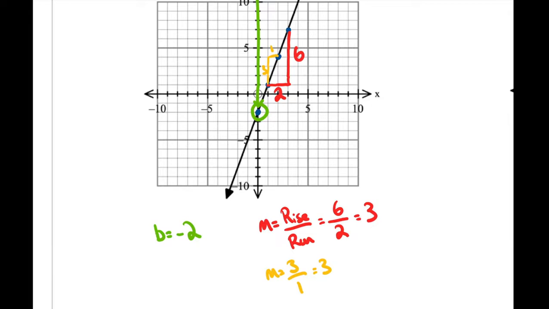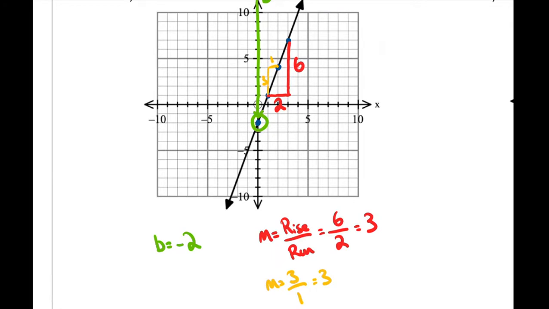You might also say, well, why did you go from the left to the right? Could you have gone the other way? And I could have. If I went the other way, starting at the top and working down, I would go down 1, 2, 3, 4, 5, 6. So I would go down 6, and I would go to the left 1, 2, or negative 2.